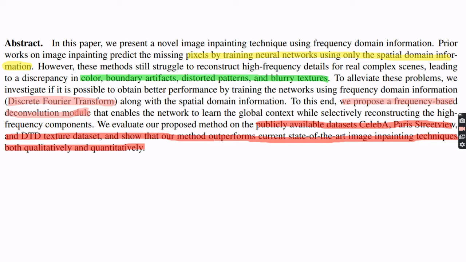This paper was implemented on publicly available datasets, CelebA and Paris Street View. This is feasible both qualitatively and quantitatively because the computation was on point.